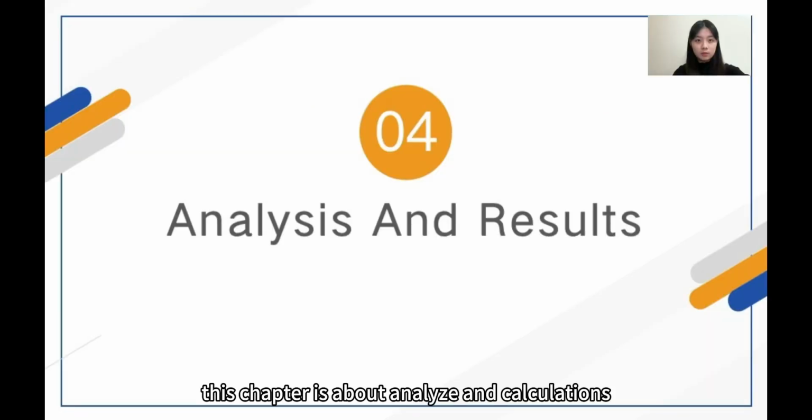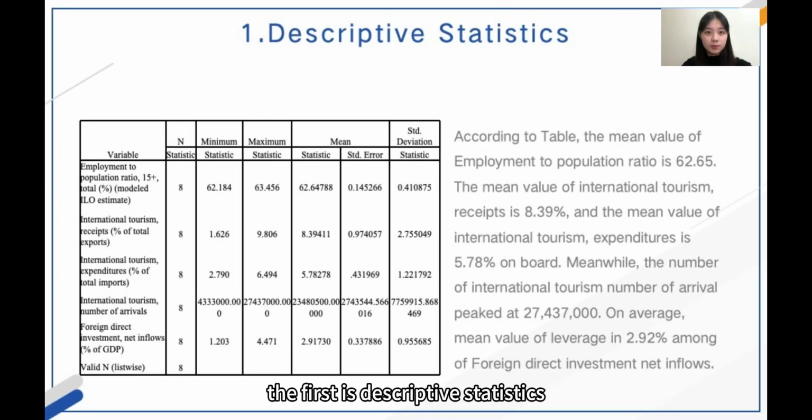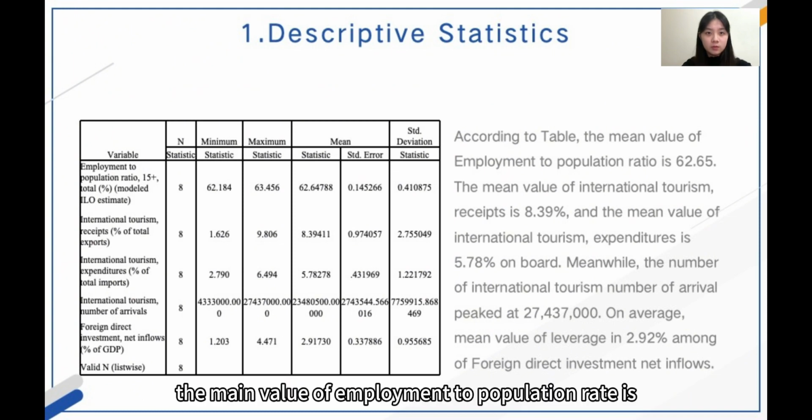This chapter is about analysis and calculations. It shows the data analysis results, uses the collected data and analyzes the impact of Malaysia's tourism industry on the local employment rate. The first is descriptive statistics. According to the table, the mean value of employment to population rate is 62.65.